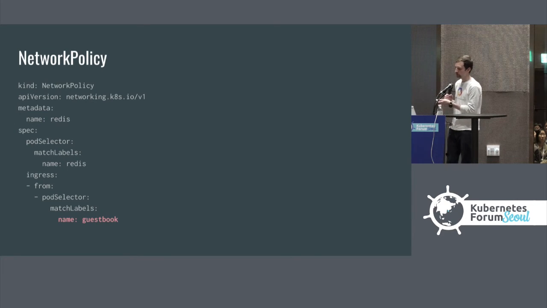So in this case, we're saying that this applies to our Redis pod and that we are going to accept ingress. So incoming network requests can only come from our guestbook or our message application and not from the web front end.